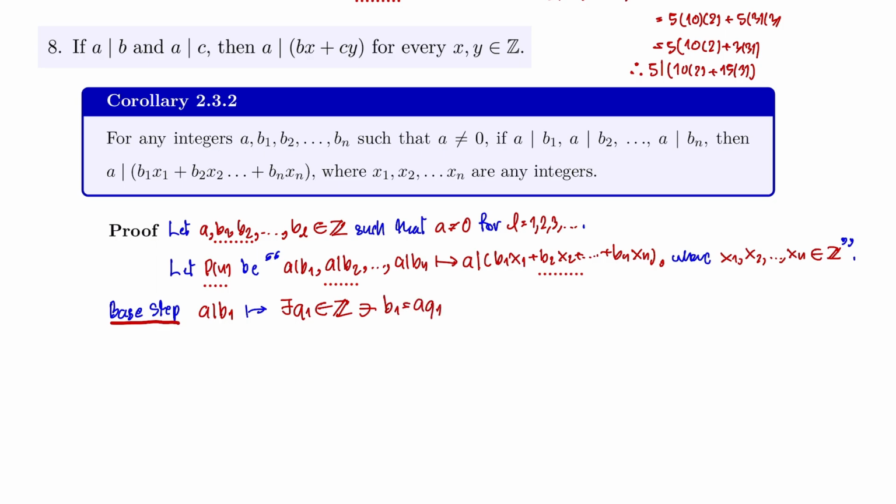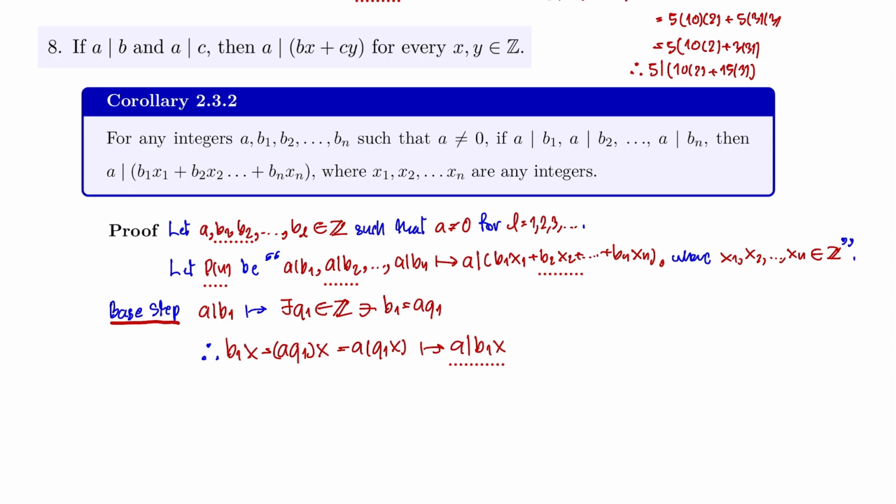Then what is b1x1? b1x1 becomes a q1 times x1, which is a times q1x1. That means that a divides b1x1, right?